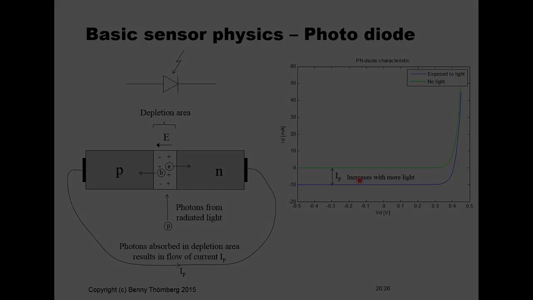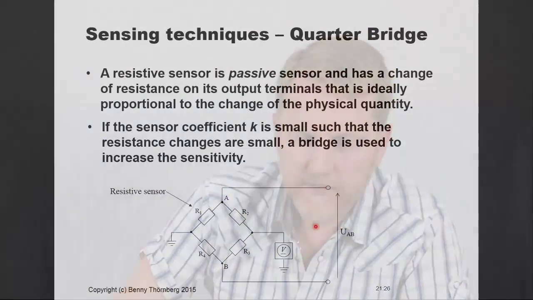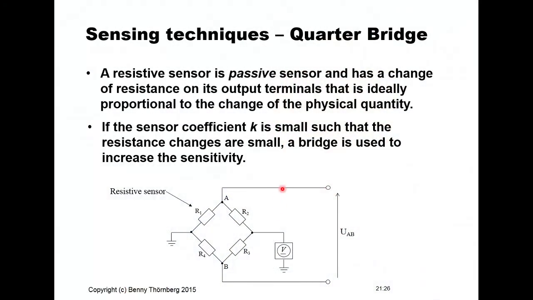A resistive sensor is a passive sensor that generates a voltage on the output that is ideally proportional to the change of the physical property. If the sensor coefficient is very small, such that the resistance changes are small, then a bridge is used to increase its sensitivity.